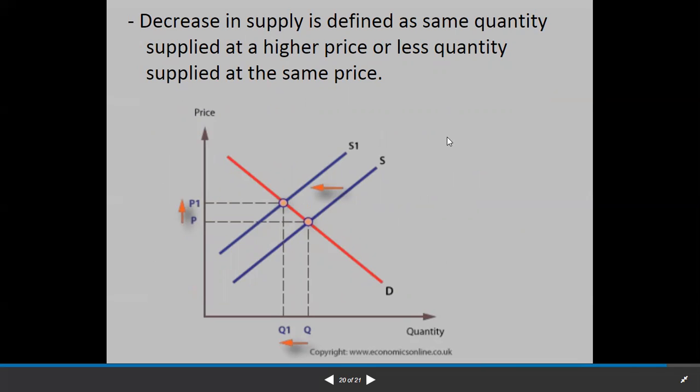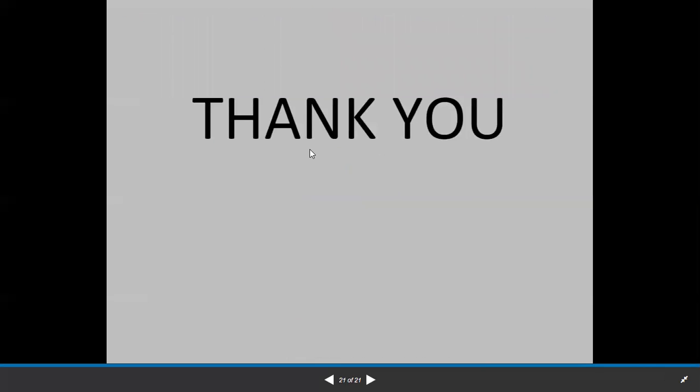Decrease in supply is defined as the same quantity supplied at a higher price or less quantity supplied at the same price. Here the curve is shifted from S to S1, decreasing the quantity because the other factors work there. So these are the reasons.